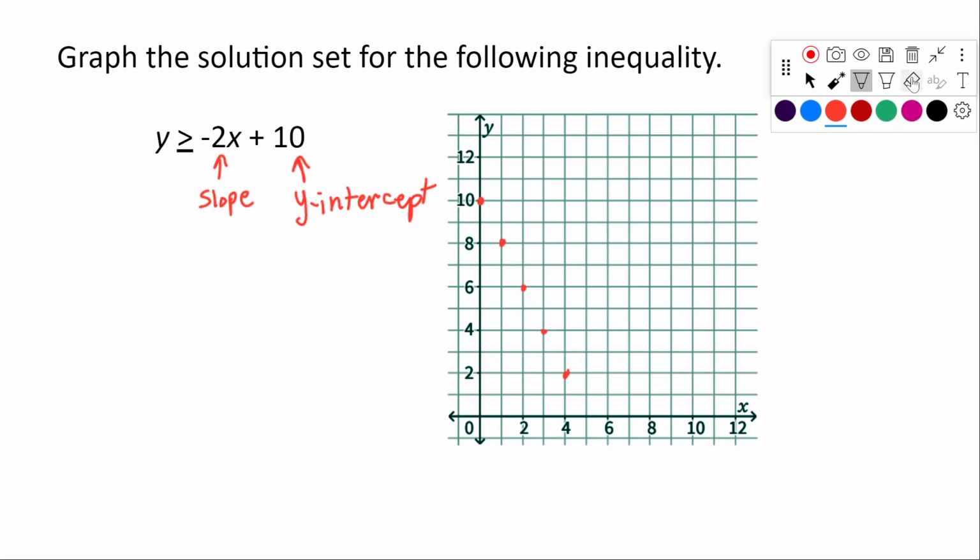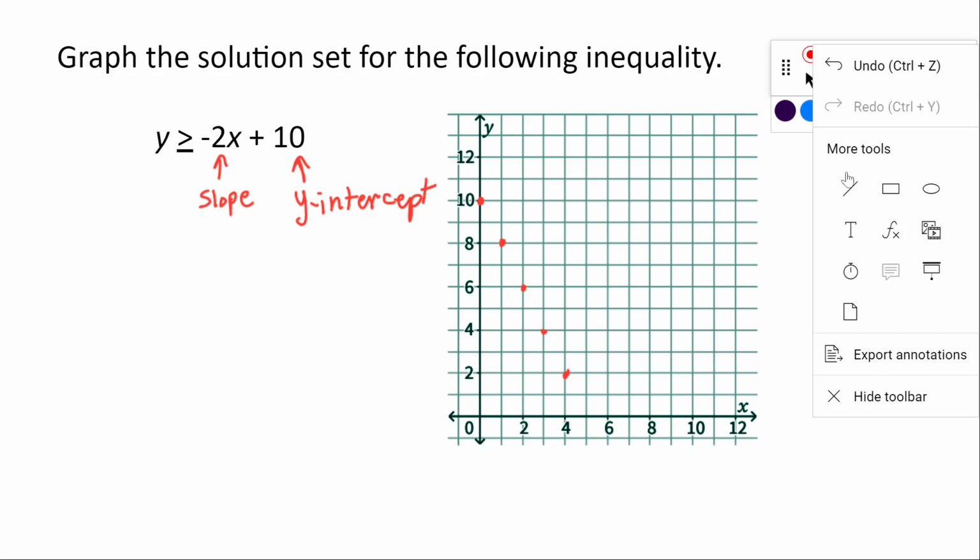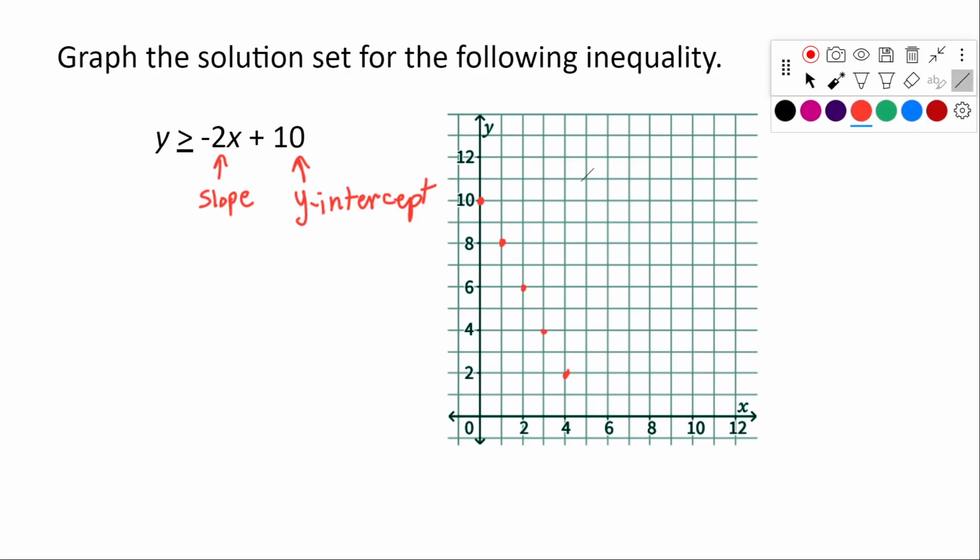Take a straight edge or something to graph your line. And because it is a line, we should put arrowheads on each end to indicate that it's going to continue.